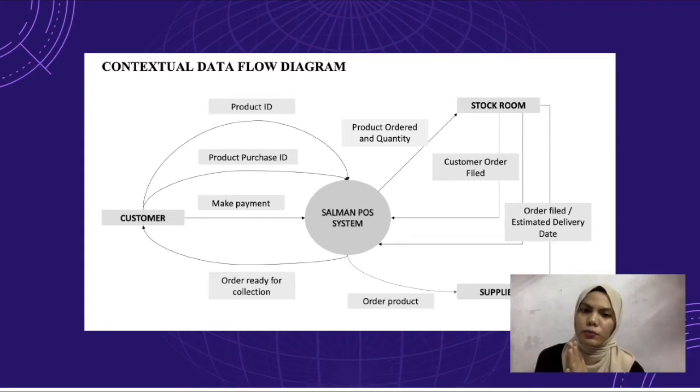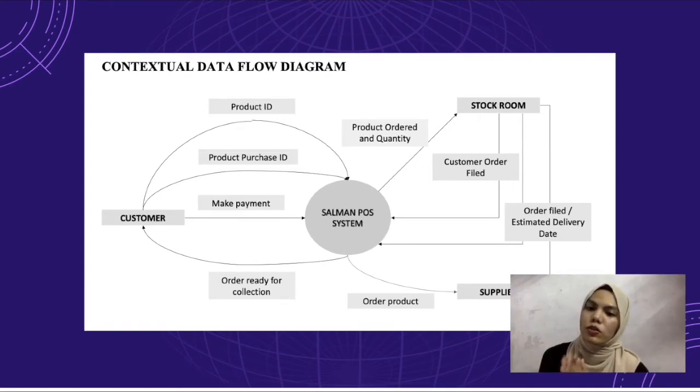When the stockroom prepares the order, the stockroom will put it at the counter for the customer to pick up. And when the customer has picked up, the stockroom will update their inventory level.